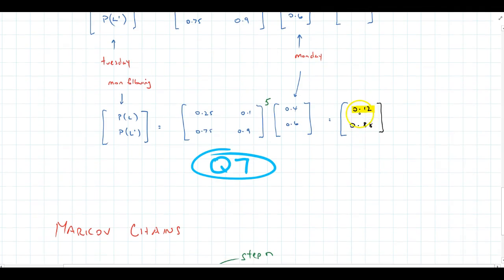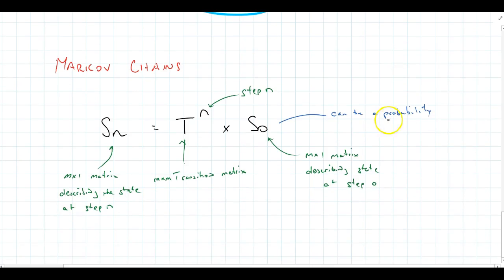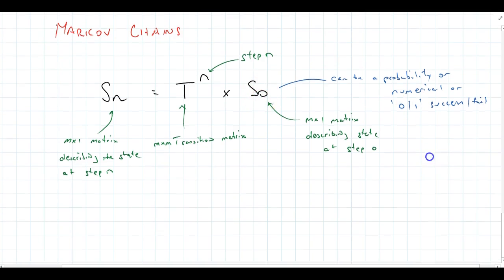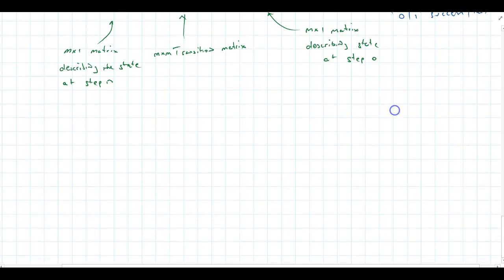This is a decimal, but it can also be numerical, or it could be a 0-1 success/fail. So it could be in that form, this matrix here, and we'll have a look at some examples in 11D as we go.